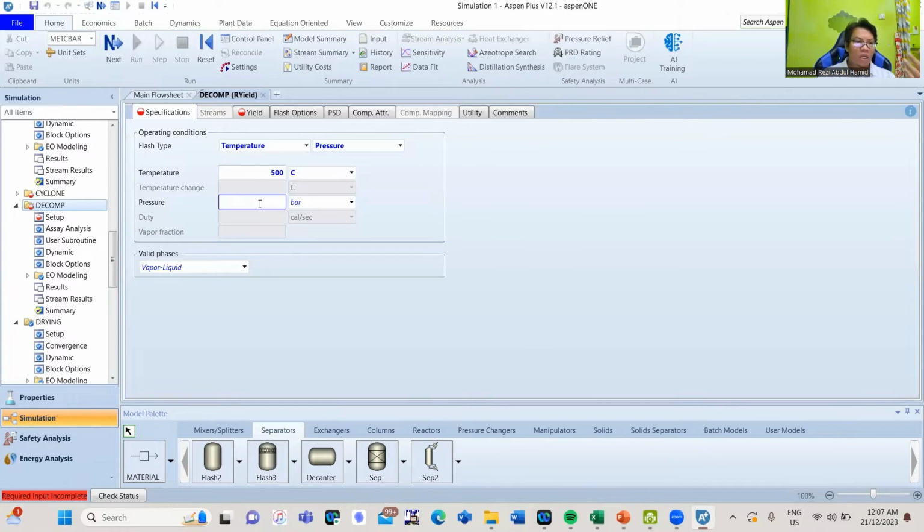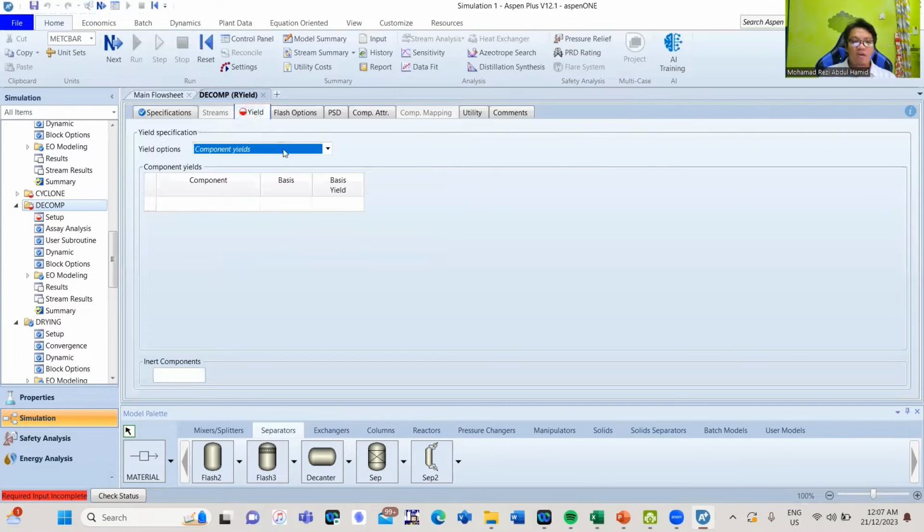Of course, pressure is 1 bar. Now yield, if you click yield here, component yield. In the paper, they use a Fortran to do the mass balance calculation, but I'm not going to do that. I'm going to use a simpler one where I do a breakdown based on their ultimate analysis, as simple as that.